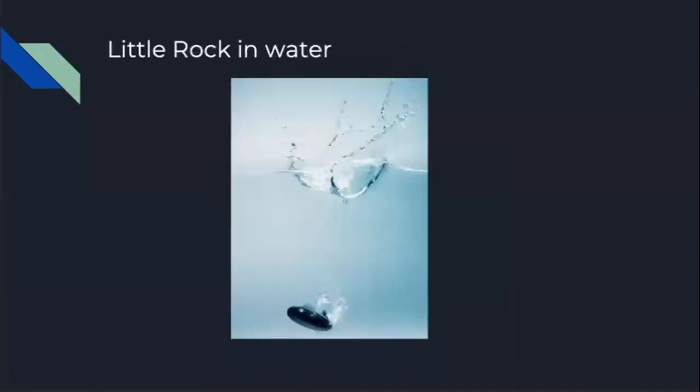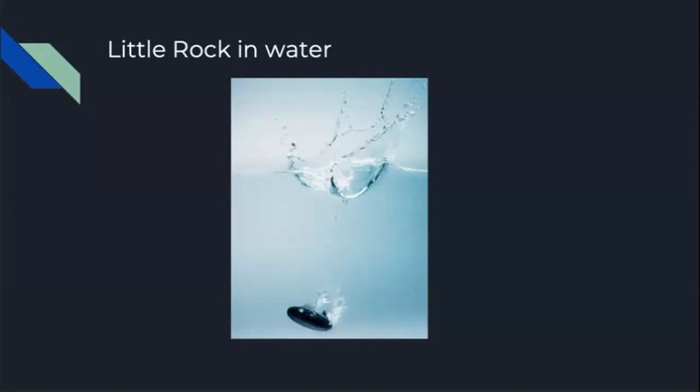Thanks, Dane, for making sense of this model. I'm going to be finding some real-world scenarios and breaking them down in terms of our model. First one is a little rock being dropped into H2O. In this case, the rock has some mass, fairly small, and then some acceleration due to gravity, which creates a force.